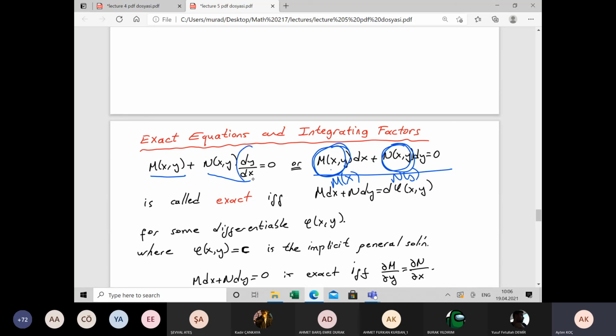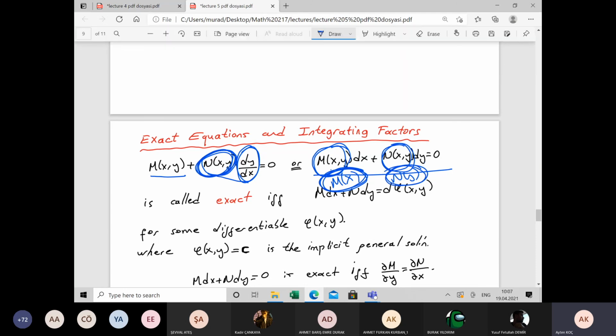This one is a first order differential equation because y prime is the highest derivative, first order. But this one is not linear because the coefficient of dy over dx does not contain only x. Not linear, and not separable because the coefficient is not M of x, the coefficient of y is not a function of y.